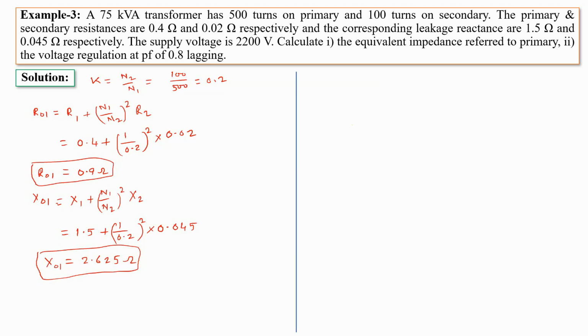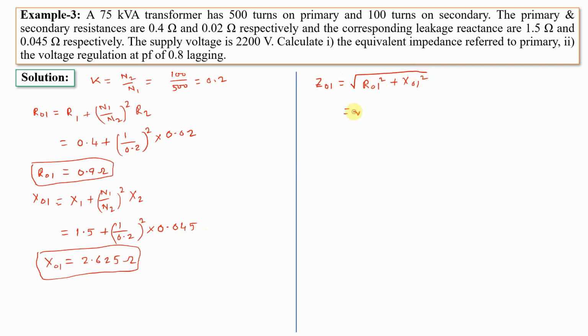Next, find the equivalent impedance, because in the question we have to find the equivalent impedance referred to primary. It should be Z01, and it will be equal to square root of R01 square plus X01 square. It will give us the total impedance of the transformer referred to primary.